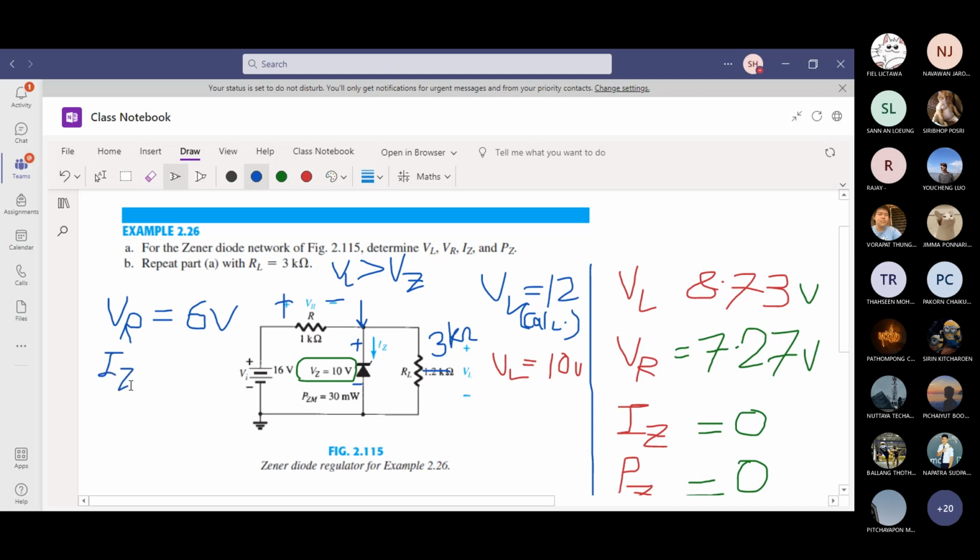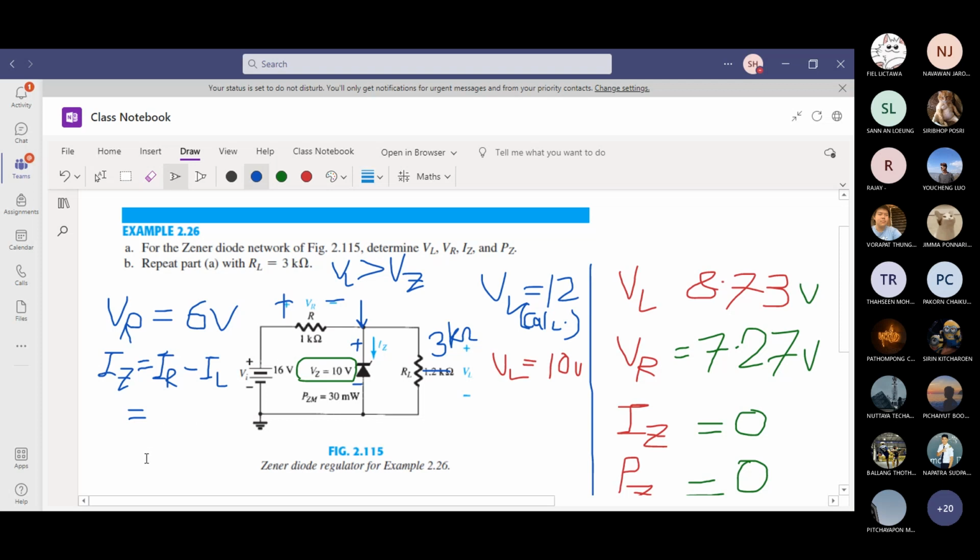Therefore, IZ has to be IR minus IL. Can you find IR? We already know what is VR, and we know the R. IR is VR over R.